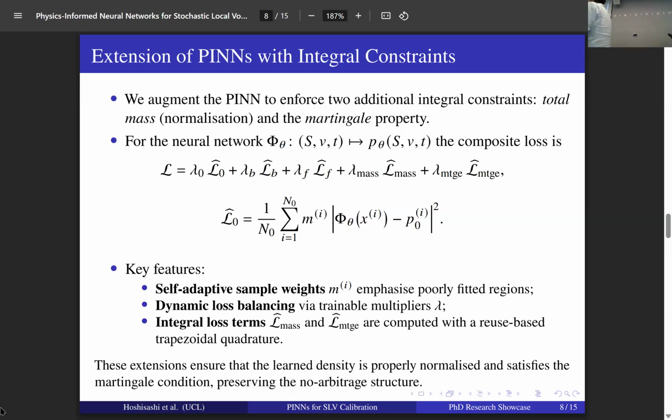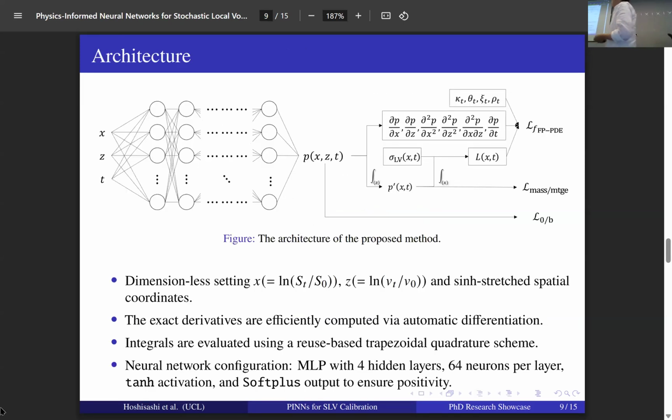And we also integrate a scheme to handle the additional loss terms, L_mass and L_martingale. These additional loss terms are also related to the no-arbitrage condition from the financial perspective. So it's a very important principle for SLV model calibration. So this is the whole architecture we take.